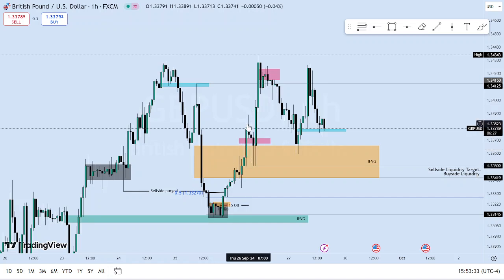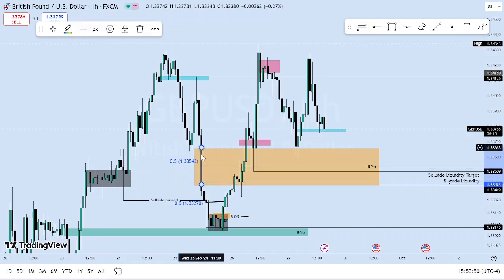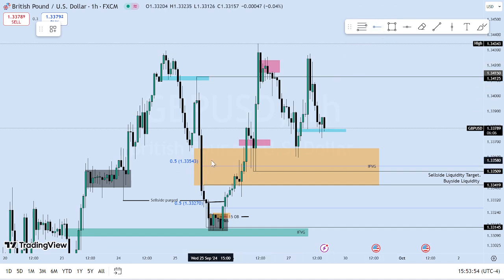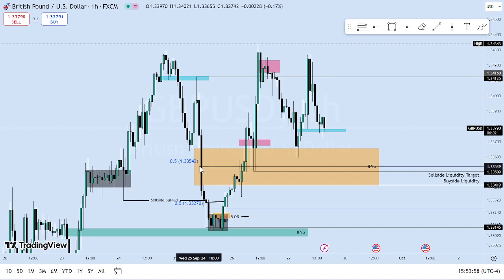We break, we trade and close above it. You can see it. Let's get the 50% of it. You anchor from your low to the high. Here is the 50% of it. The half of the inversion fair value gap, that's 50%.